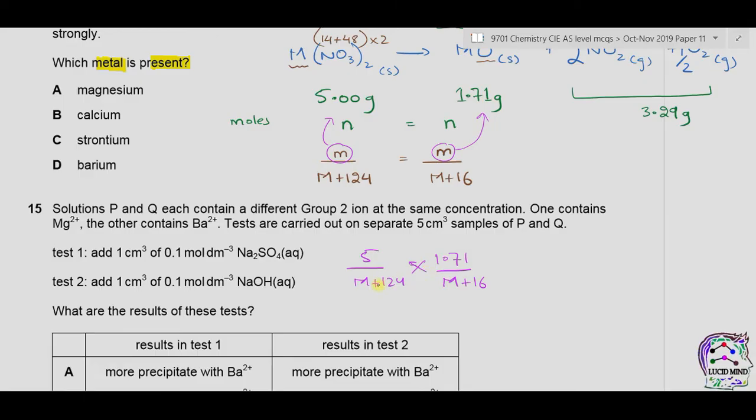By cross multiplying, we can find the molecular mass of M. So now it will become 5 into M plus 16 equals 1.71 into M plus 124.